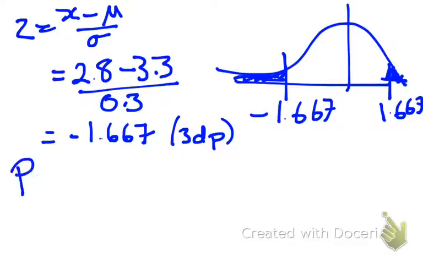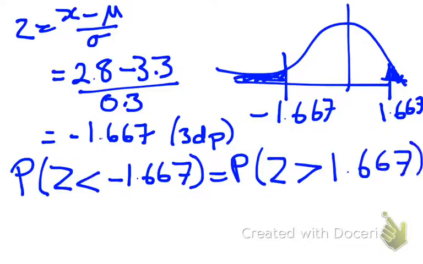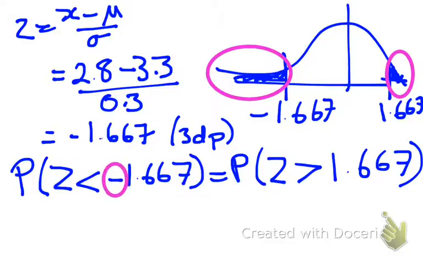So I could say that the probability that z is less than negative 1.667 is equal to the probability that z is greater than positive 1.667. That's just saying that the small tail on the left is the same size as the tail on the right-hand side, but we have changed the z value from negative to positive.